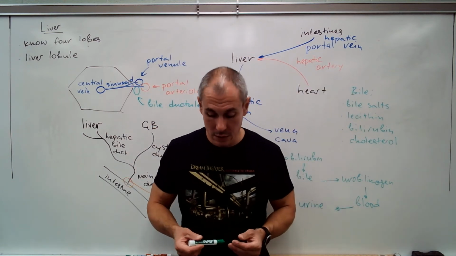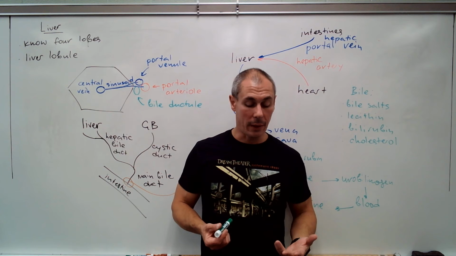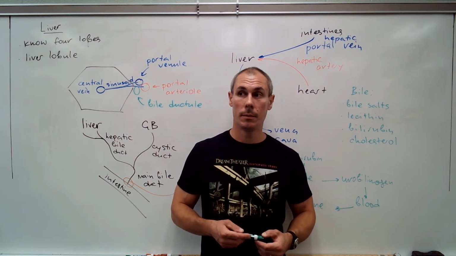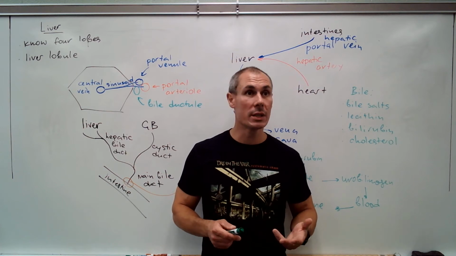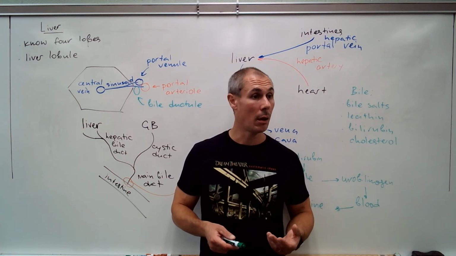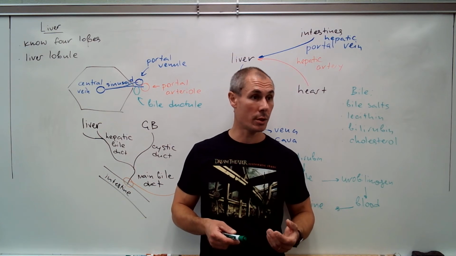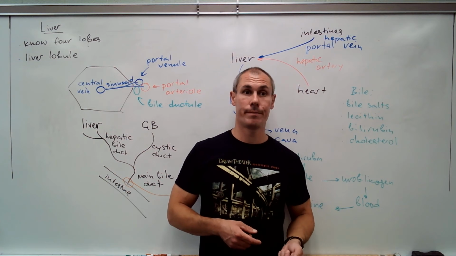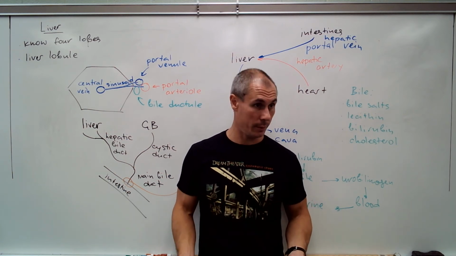Lecithin and bile salts. What do they do? They are emulsifiers. Okay? One of the good examples of emulsification is when you wash a greasy pan. If you try to wash a greasy pan just with water, you will fail because grease is not water soluble.